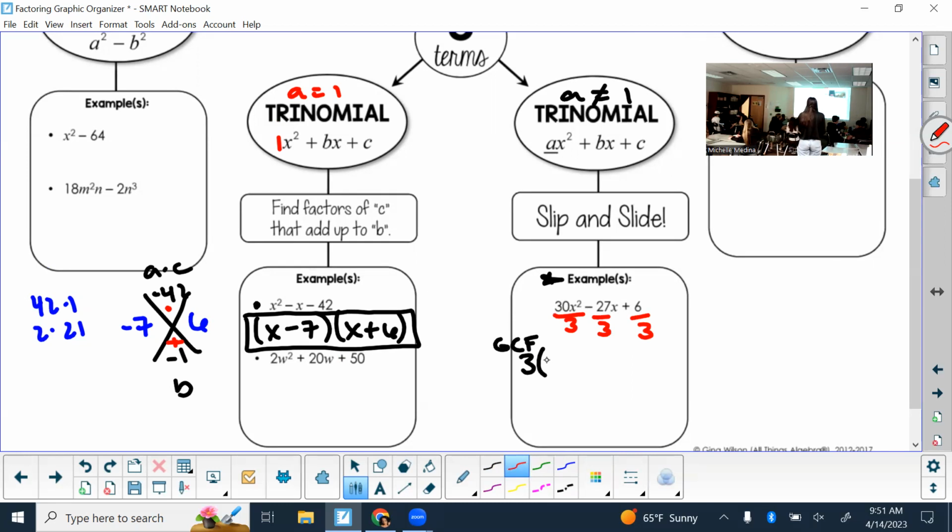10x squared. What's negative 27x divided by 3? Negative 9. Negative 9x, yeah. And then 6 divided by 3. 2. All right.